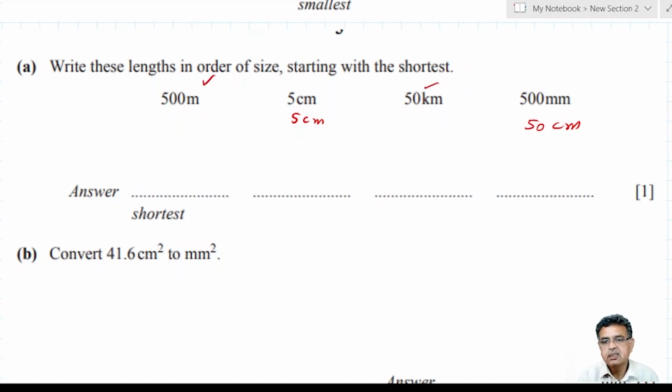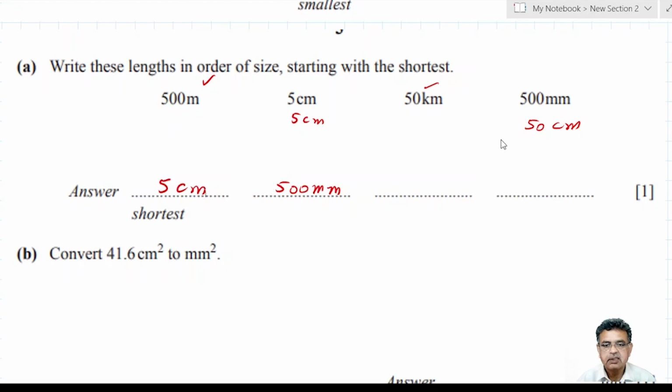These two are in meters and kilometers, so at least for these two values, this is the smallest. 5 centimeter is the shortest, then 500 millimeters, and then 500 meter and 50 kilometers, that means 50,000 meters.